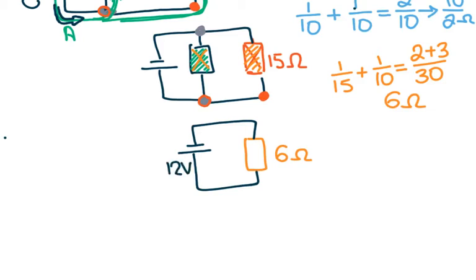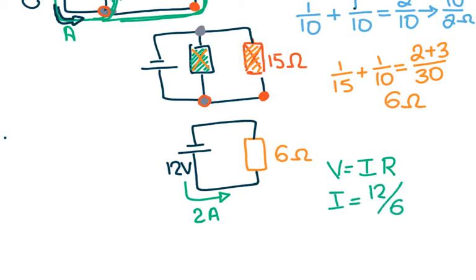So that means the current that is leaving the battery is 2 amps, because V is equal to IR, I is equal to V, which is 12, divided by R, which is 6, and gives me 2 amps.